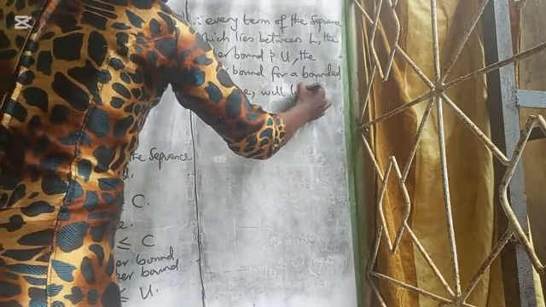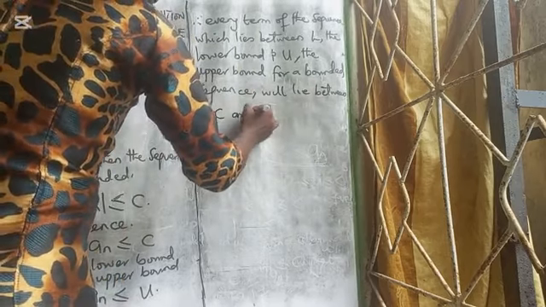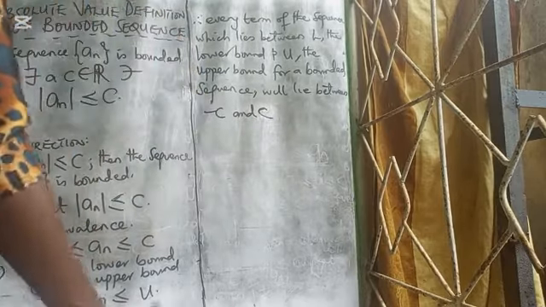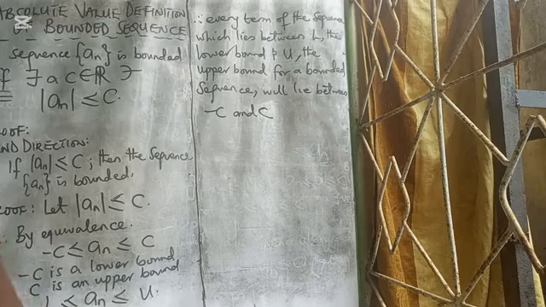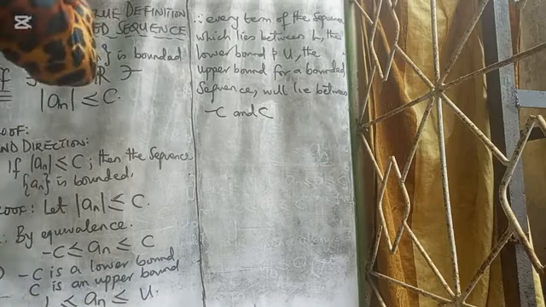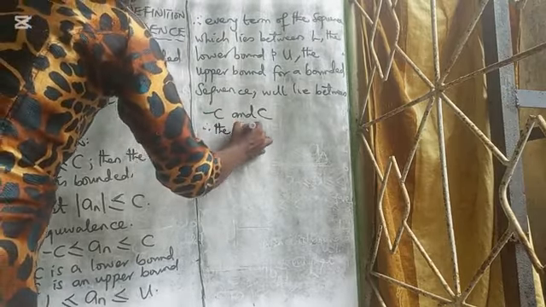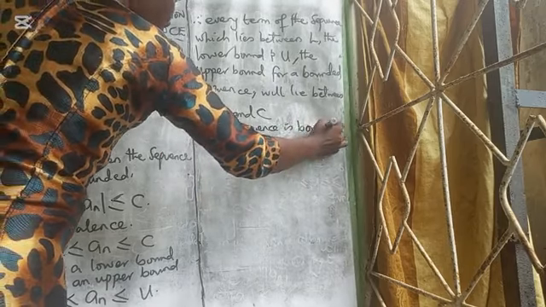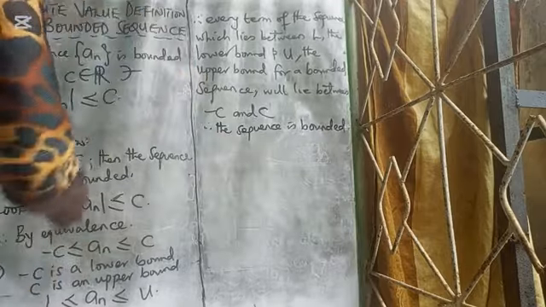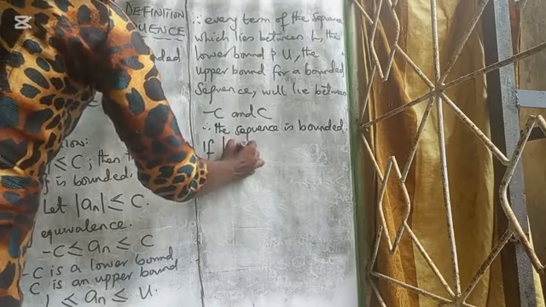Will lie between minus C and C. And if it does lie between minus C and C, therefore the sequence is bounded.